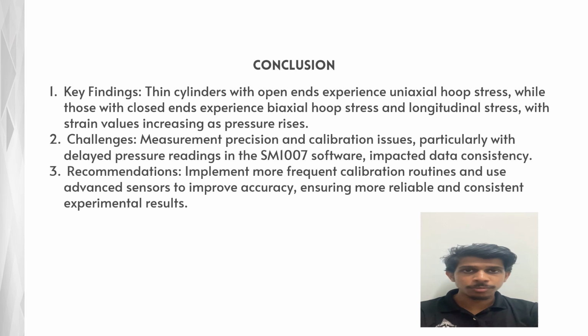Strain values increased with pressure in both conditions, and the results highlighted the differences in mechanical behavior between the two configurations. However, challenges with measurement precision, equipment stability, and calibration affected data consistency, such as showing a delay in pressure readings compared to mechanical gauges. These issues required pressure to be gradually increased and maintained for accurate strain measurements.